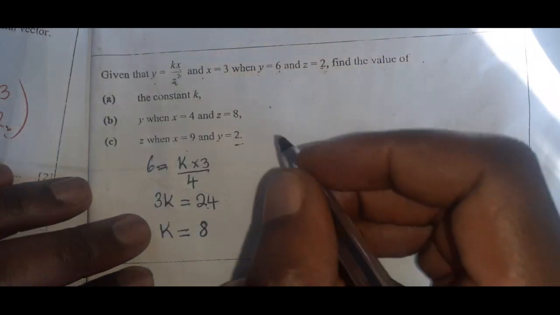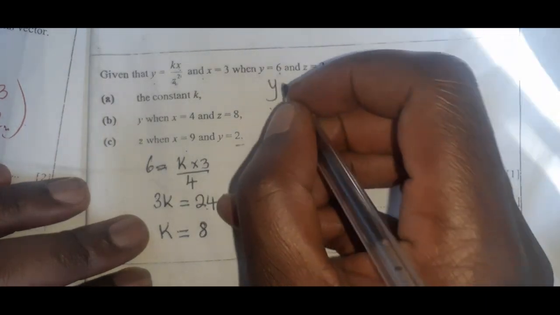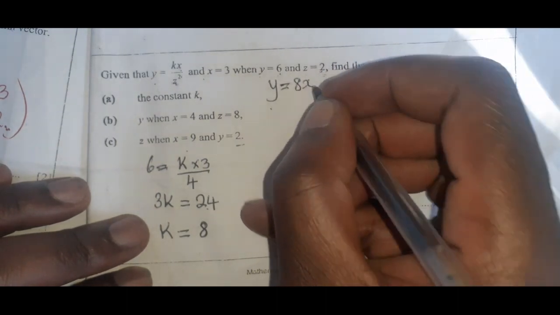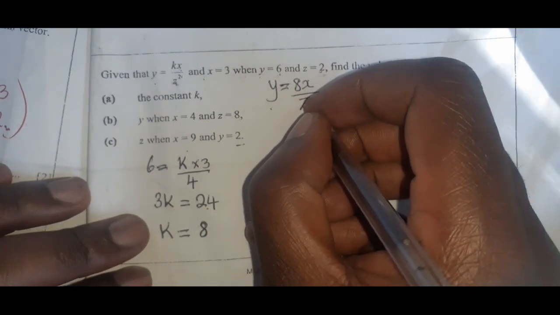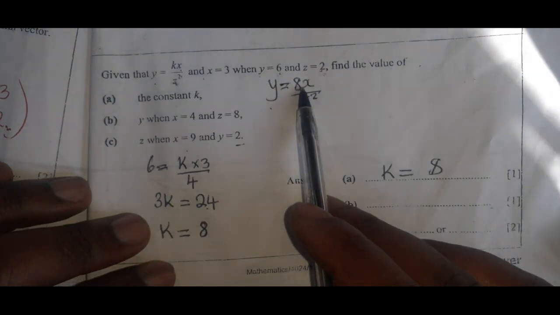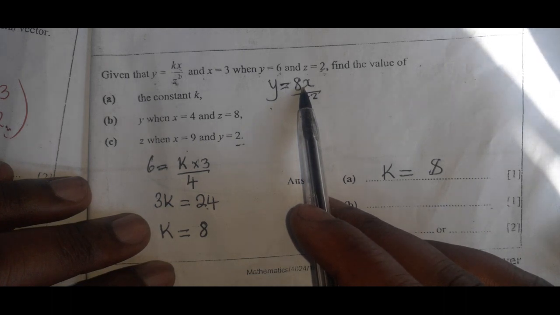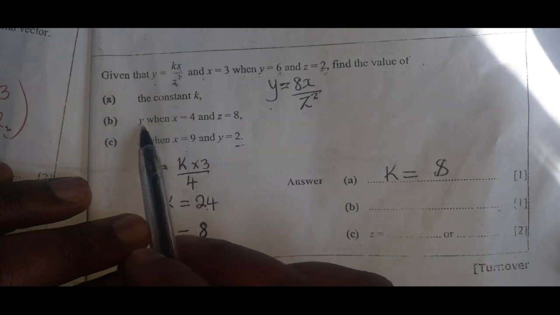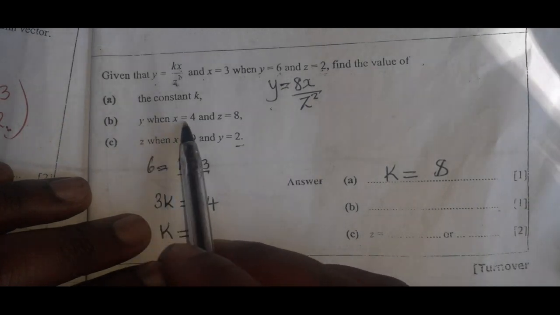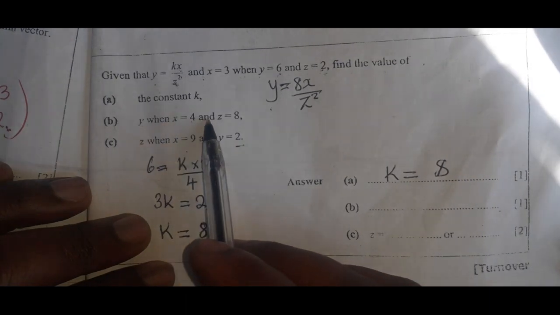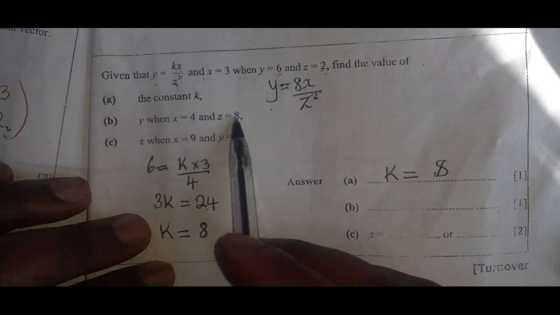And now we can say y is equal to 8x over z squared, because we know what our k is. The second question is find y when x is equal to 4 and z is equal to 8.